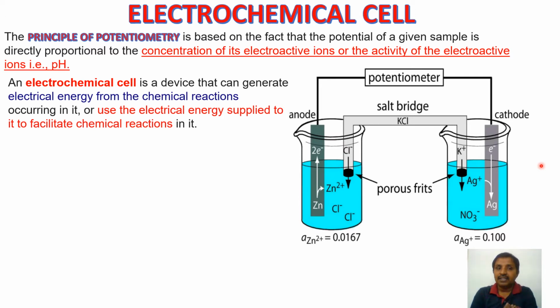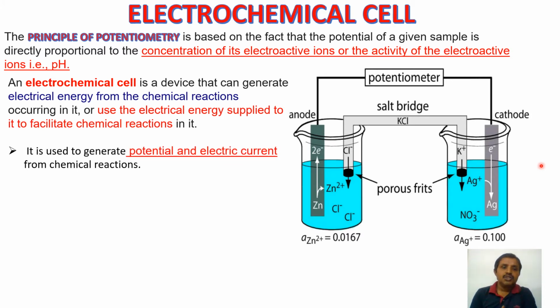One is chemical energy converted into electrical energy, that is, by means of a chemical reaction, electrical energy is generated. The other process is by use of electrical energy, by use of a current supply, chemical reactions take place.